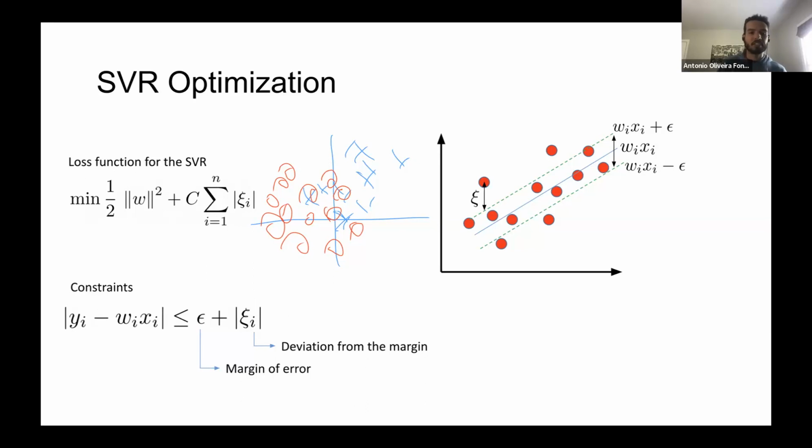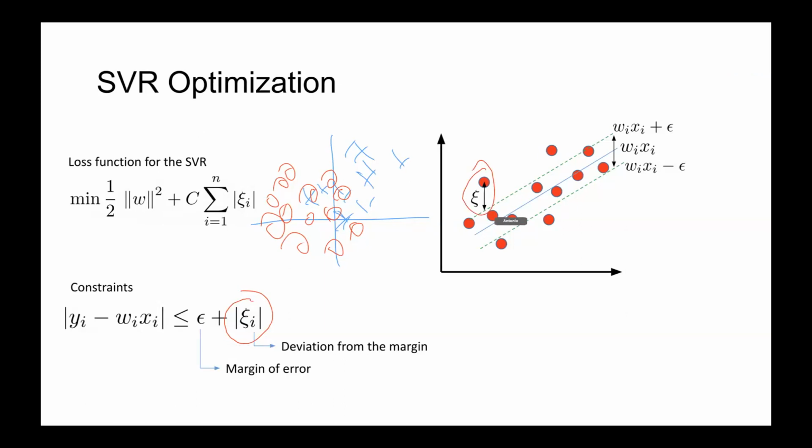That's explicitly posed on the regression via this term: how much deviation from the margin am I willing to have? Yes, so you have that also for regression and for classification with support vector.